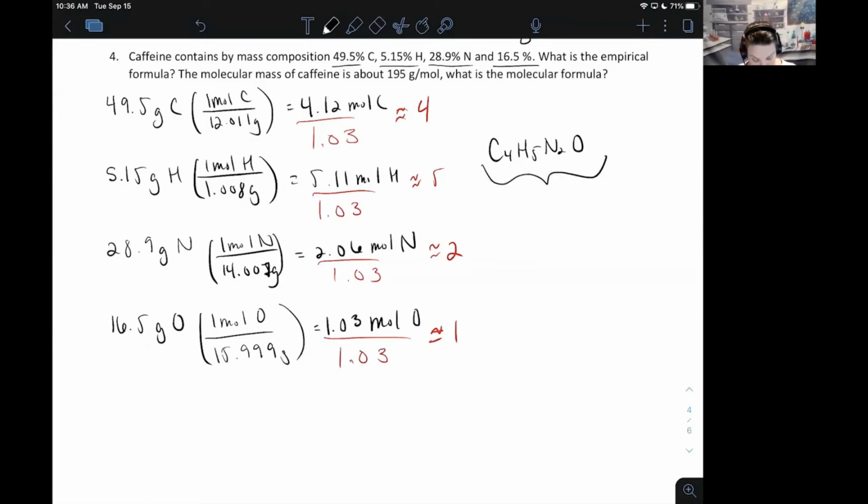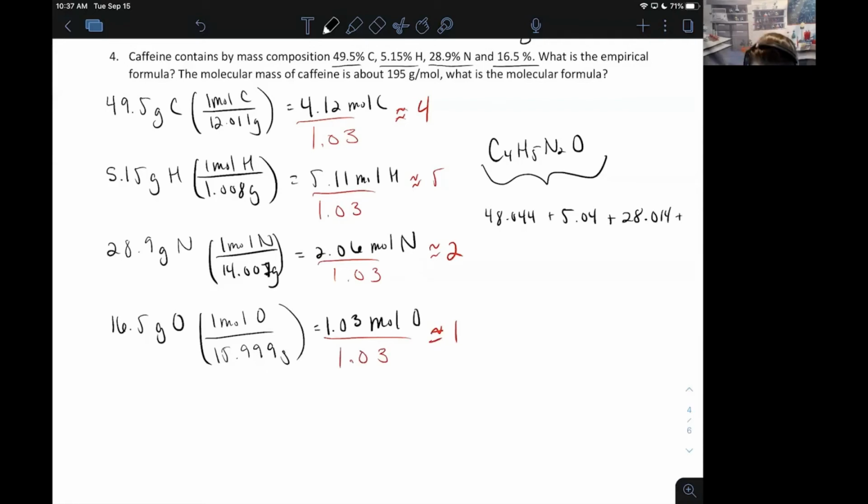So 4 times 12.011 gives us 48.044. 5 times 1.008 gives us 5.04. 2 times 14.007 gives us 28.014.